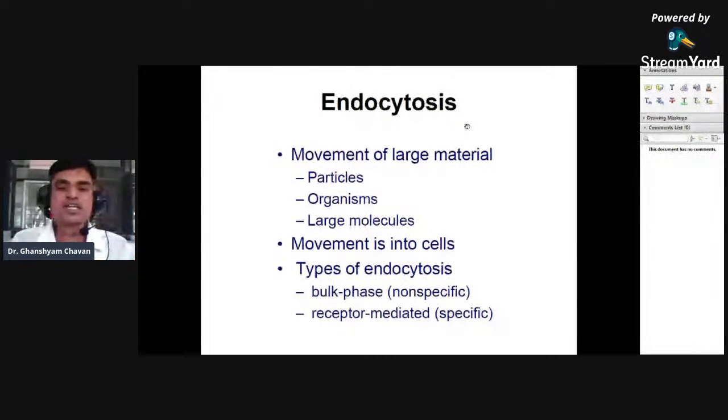The movement of that large material, particles, organisms, large molecules, all get engulfed and get inside, and the movement is into the cell. Types of endocytosis: there are two types of endocytosis, bulk phase and receptor mediated specific phase.